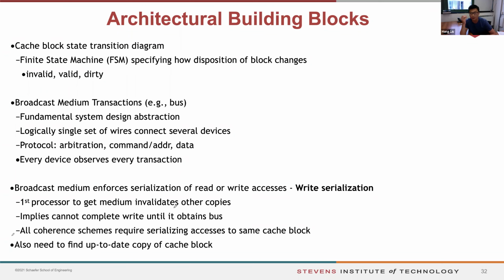So whoever wants to use this media, only one of them can use it. There cannot be both processor 1 and processor 2 sending data on the bus at the same time. So it's exclusive, and only one can have the data bus.